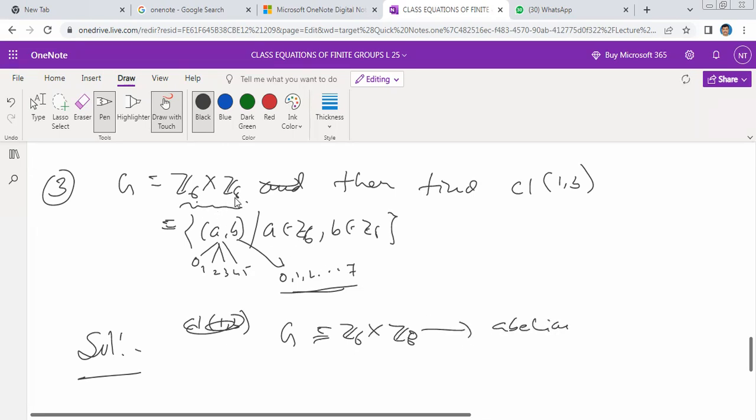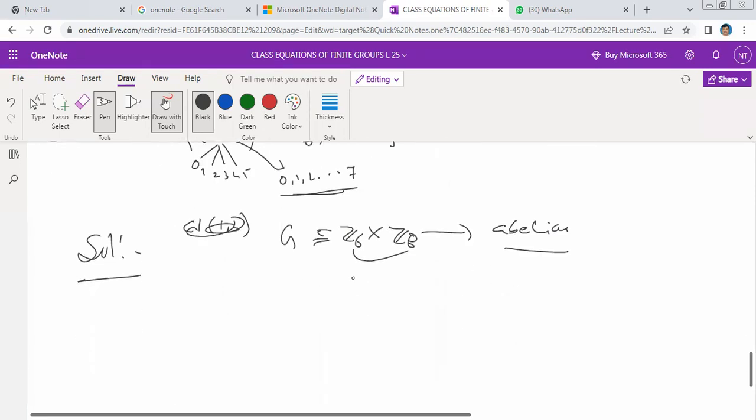Z6 is abelian, Z8 is abelian, and the Cartesian product of these two abelian groups is an abelian group. Here I am taking the element (1, 3) in Z6 cross Z8. My question is, what is the class of (1, 3)? What is the answer, please, anybody? 1, sir.